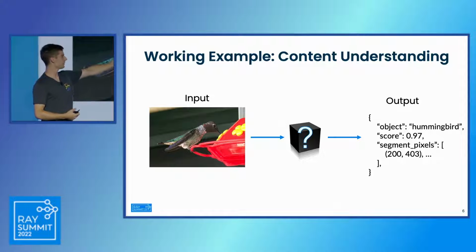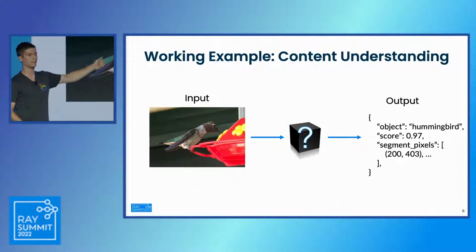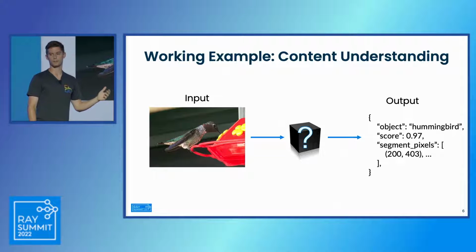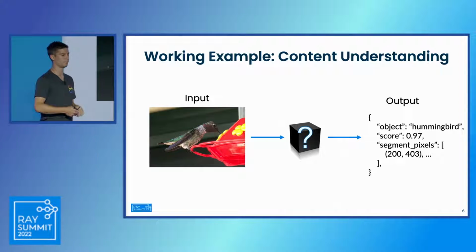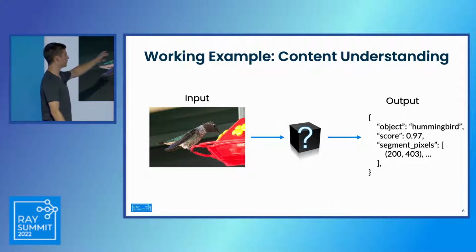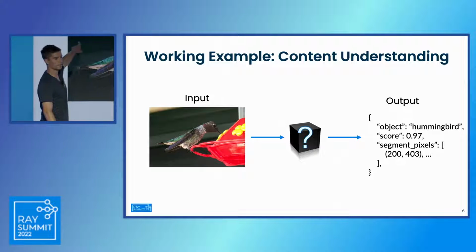In this case, we might do some object detection and say, oh, there's a hummingbird in this picture. We might have a confidence score that can be used to make decisions based on how confident we are about the object. And then we're also going to output a bounding box of where in the image this object is located.